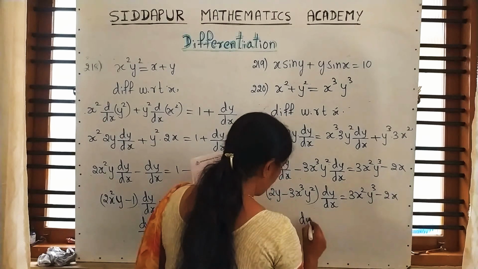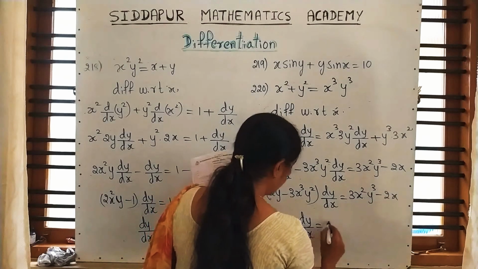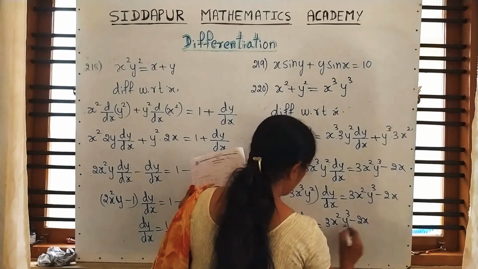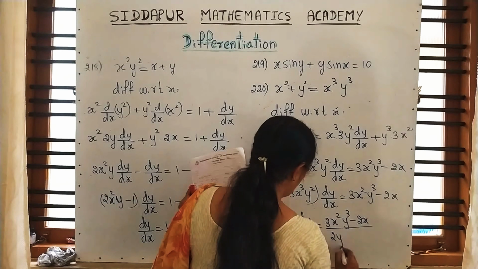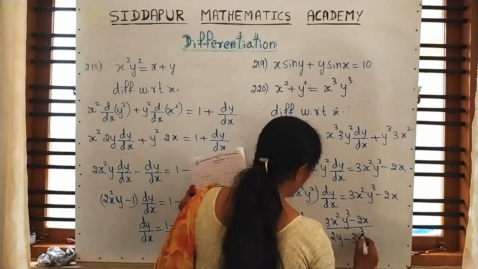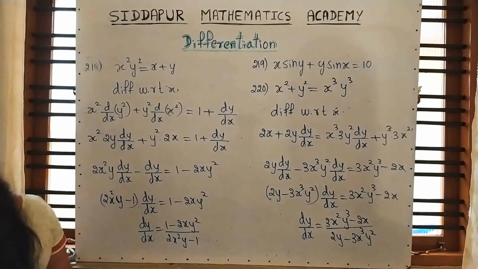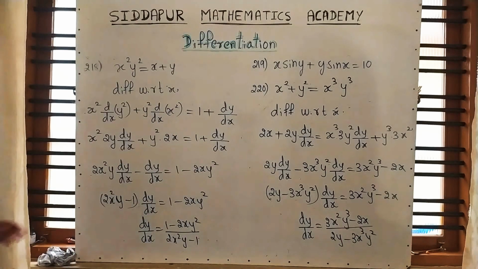Then what is dy upon dx? So this is the final answer for dy upon dx. Moving to the next question.